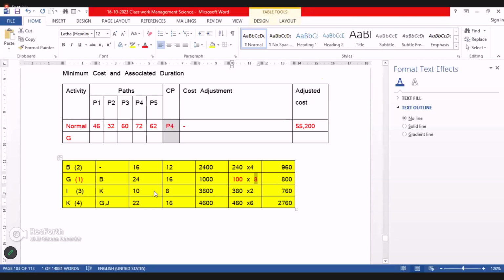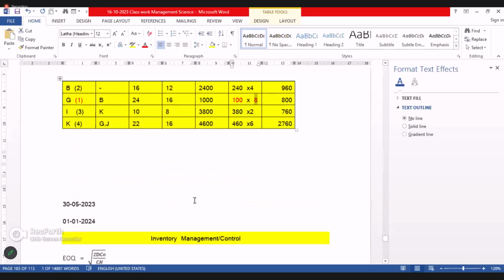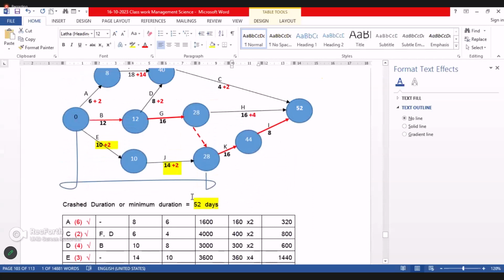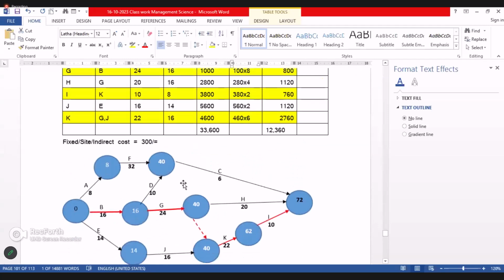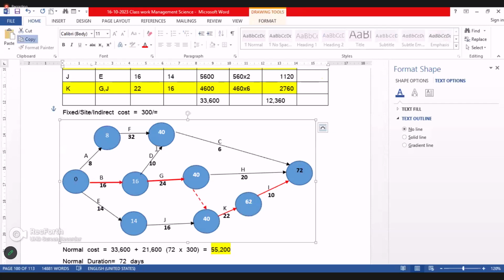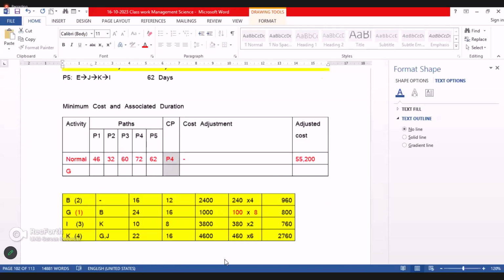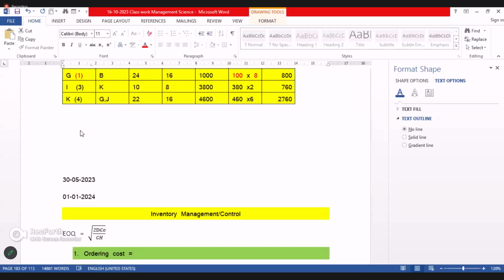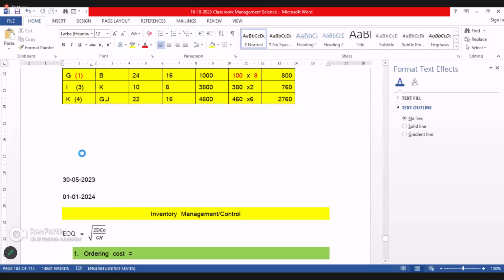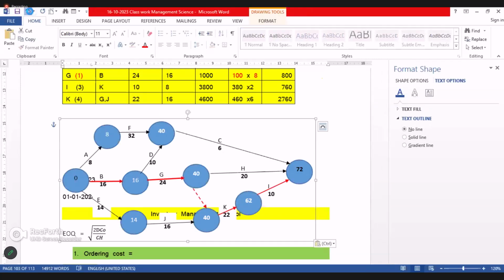So now we consider activity G as the first priority. Eight days we can reduce from the normal.